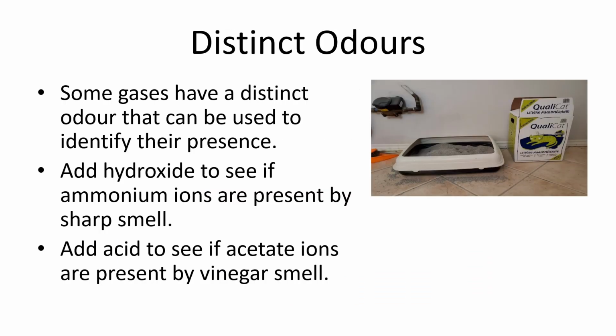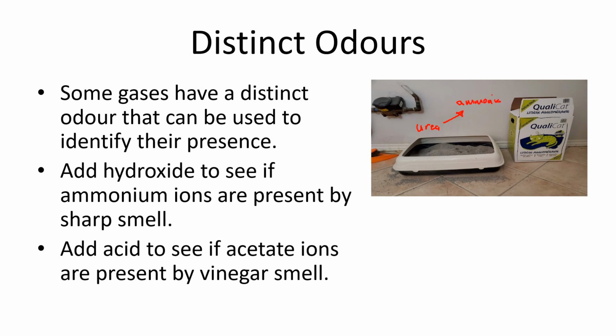Smells can also be used to identify certain compounds. If you have a cat or if you've ever been around people with cats, the place where they urinate tends to have a very strong smell. And that's usually due to a high concentration of urea that's in their urine. And urea breaks down all by itself and produces ammonia gas.